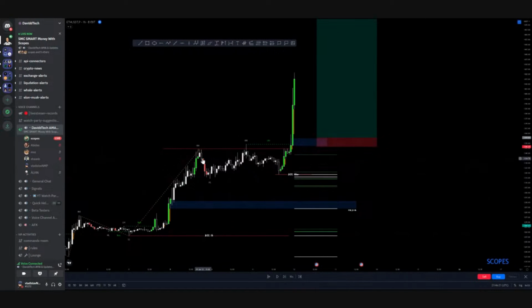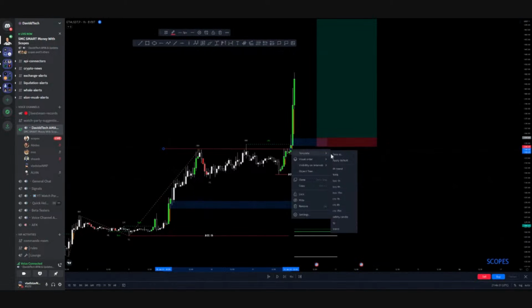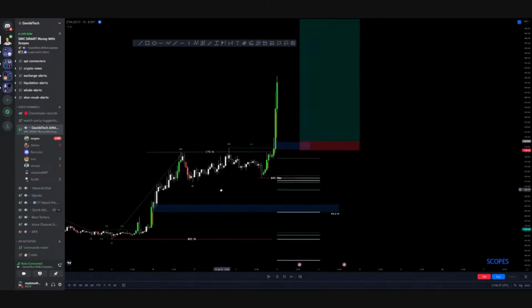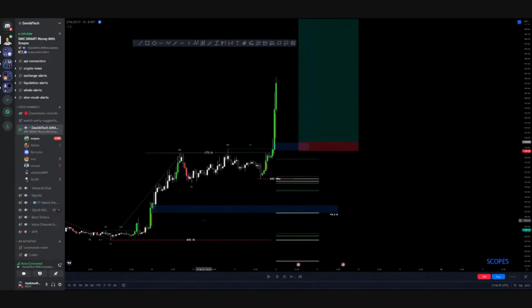This was a genuine pullback, multiple candles. So then all I had to do was wait for a break of this line, and then see when it ended.